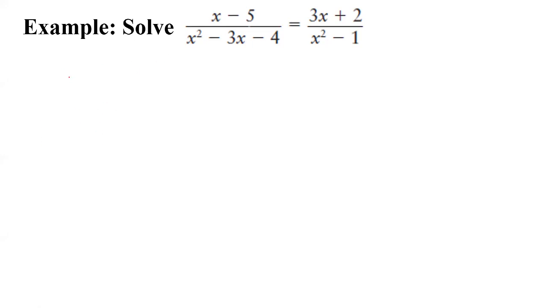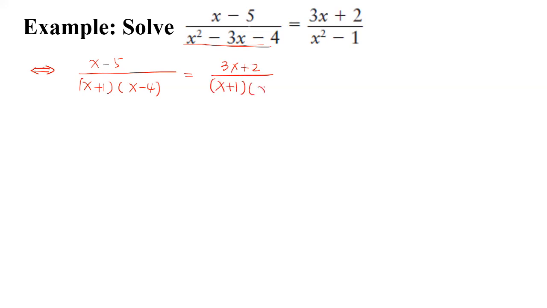For this type of question, the second method seems much easier. The original equation is equivalent to, first of all, let's factor the denominator first. This can be factored to x plus 1 times x minus 4, equals 3x plus 2 over, again, something that can be factored to x plus 1 and x minus 1.